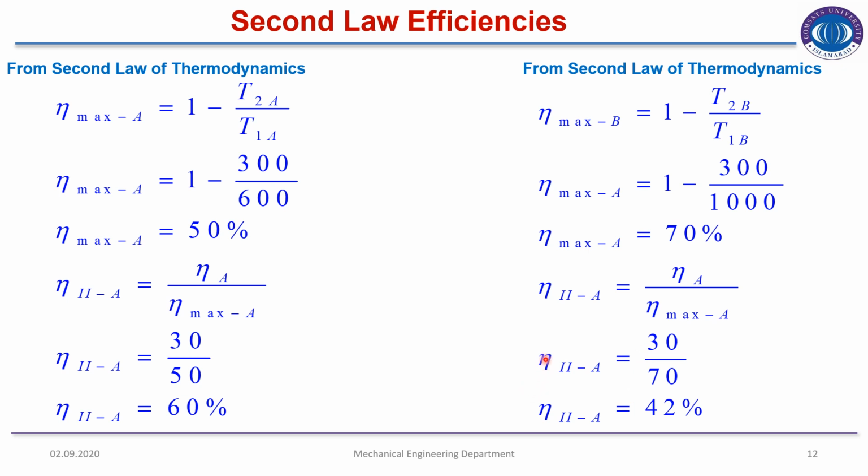To calculate second law efficiency for heat engine B, we take the ratio of actual efficiency and maximum efficiency. So second law efficiency for heat engine B is 42%.